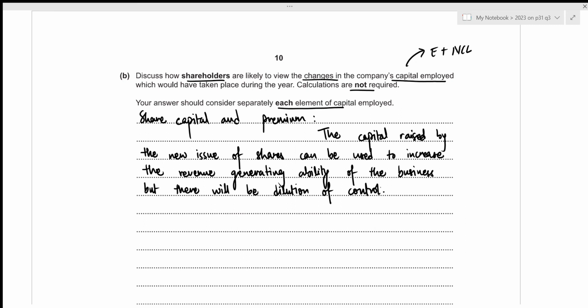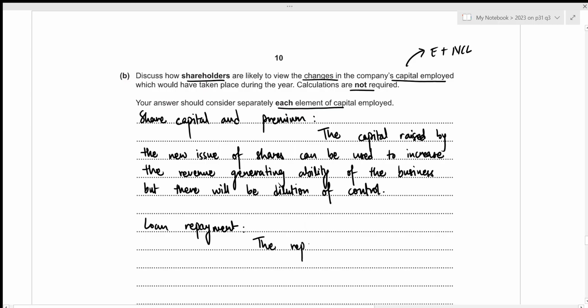And second element is the repayment of loan. So by repaying the loan, we are basically decreasing our non-current liabilities. Let's consider that. Okay, so the first thing that we can write down is that loan repayment will decrease the amount of interest payable, right? So that's a good thing because the profit will be higher, which will result in increased profits. Let's write it down.